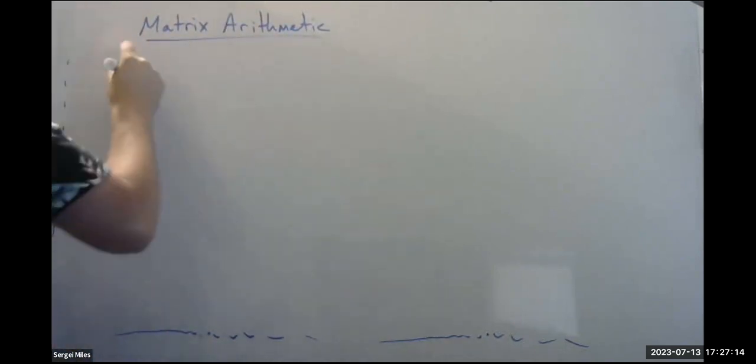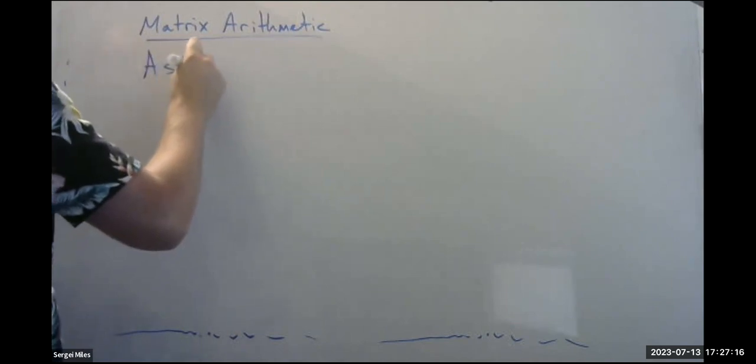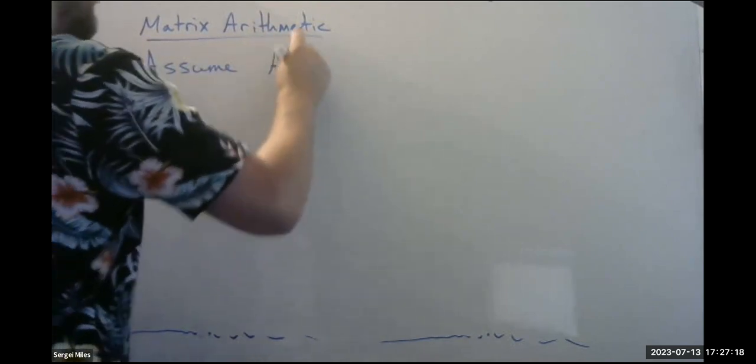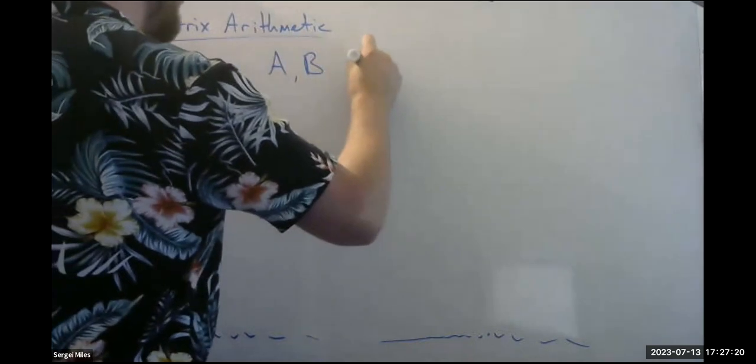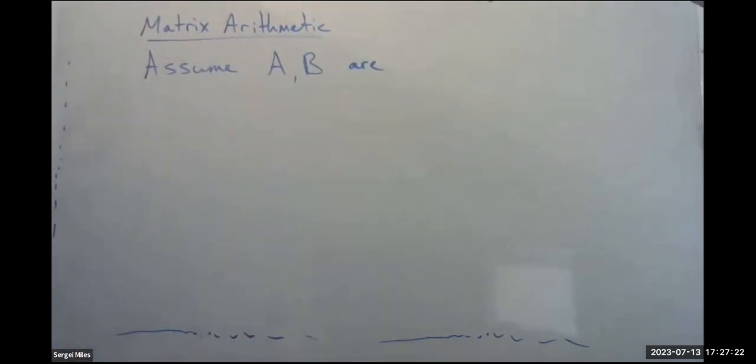Assume A and B, these are capital letters. In general, in this class, when I use capital letters, X is going to be a vector, and other lowercase letters like the letter C are going to be a constant, because the word constant starts with C, right? So capital letters, these are matrices.